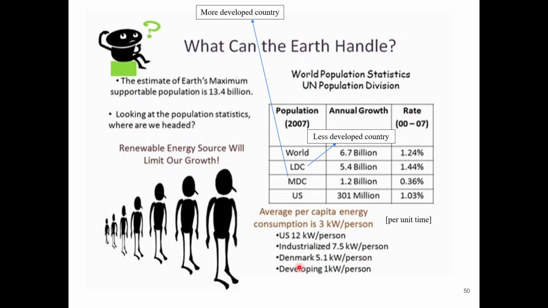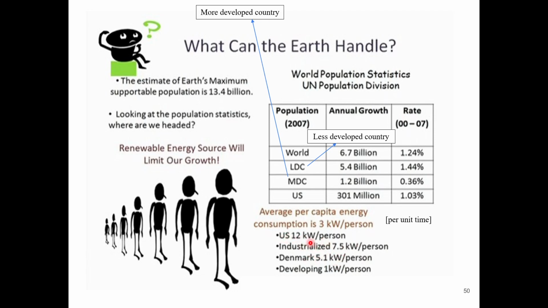In Denmark it was more than 1.5 times, which was 5.1 kilowatts per person. However, in developing countries it was about 33% of the average value, that is 1 kilowatt per person. So less developed countries had a lower average per capita energy consumption.